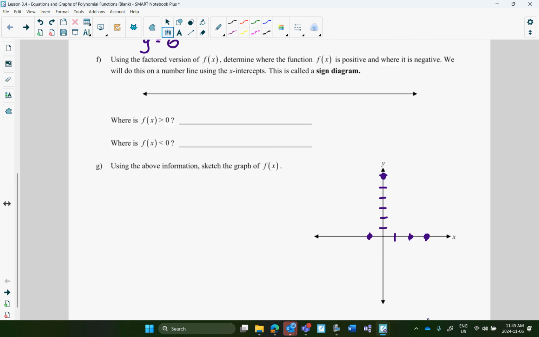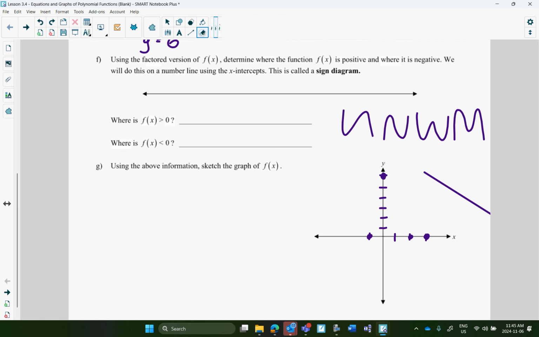The only problem is I don't know what the graph looks like. I do know that when we get x to the third, it looks something like this, or something like this. And if we get x to the fourth, it looks something like that, or something like that. It's going to be one of those squiggly things. But I got to figure out exactly how.